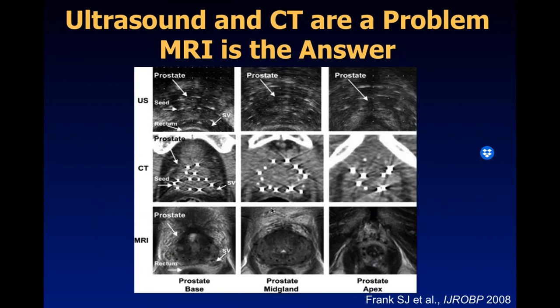And these are standard ultrasound images. If you look at the CT, these are standard CT images. You can see what it looks like at the base, the mid-gland, and the apex. But you really can't see where any of the anatomy is located by utilizing CT, which is the metric that we use to help us define the quality with which we've delivered our treatment.